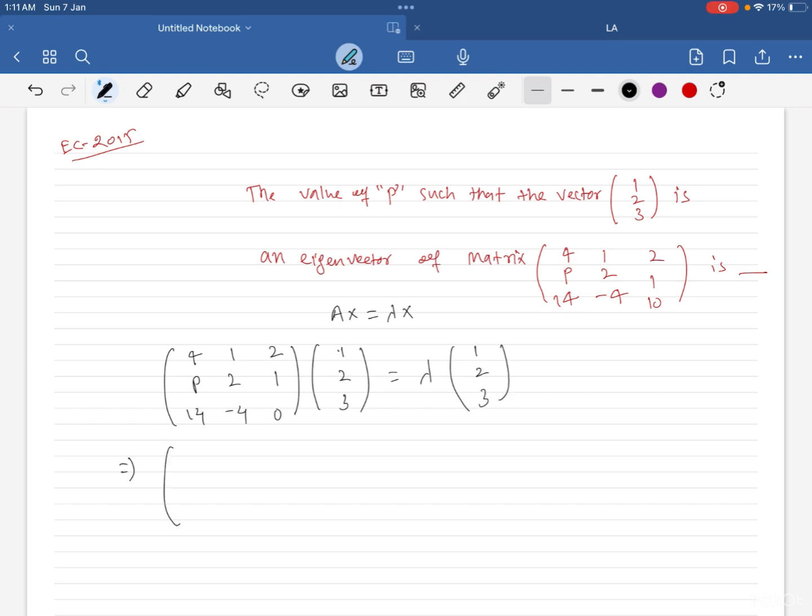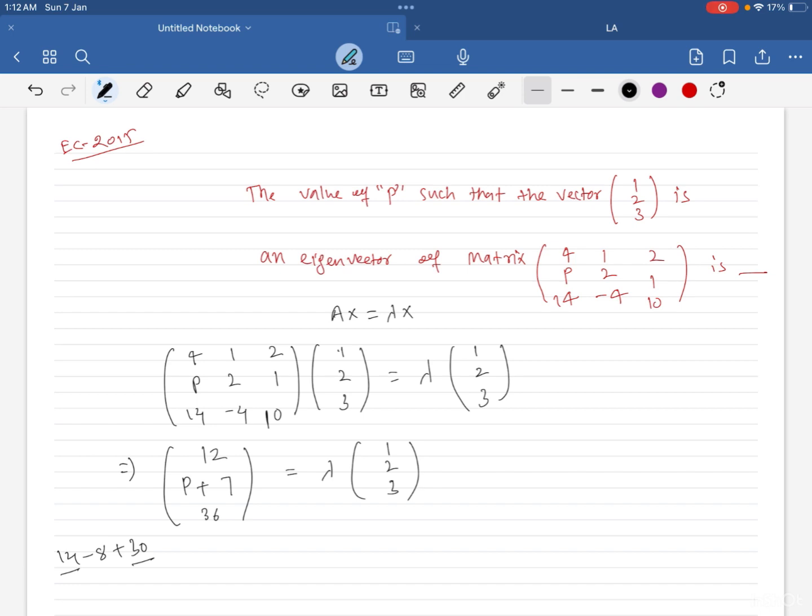Now we can carry out this multiplication, so that would be 4 plus 2 6 plus 6, that would be 12, and here we will have p plus 4 plus 3, that is p plus 7, and here we will have 14 minus 8 plus 30, so 44 minus 8, that is 36, and that would be equal to lambda times 1 2 3.